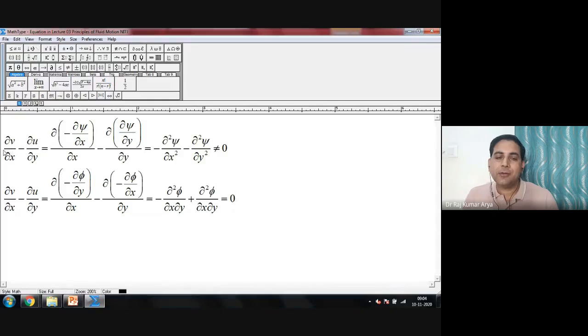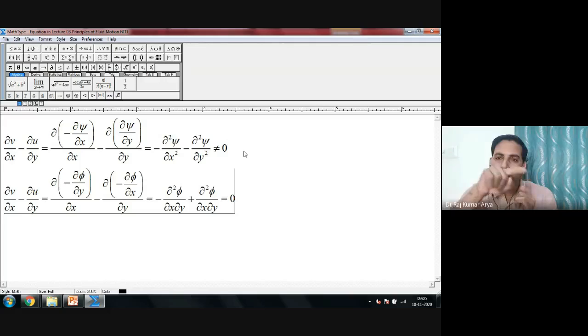This is the irrotational condition: del v upon del x minus del u upon del y must be equal to zero for an irrotational flow. If you put in your stream function, it is not satisfying that condition. It means you can have a streamline flow in a circular path also, which you already know.